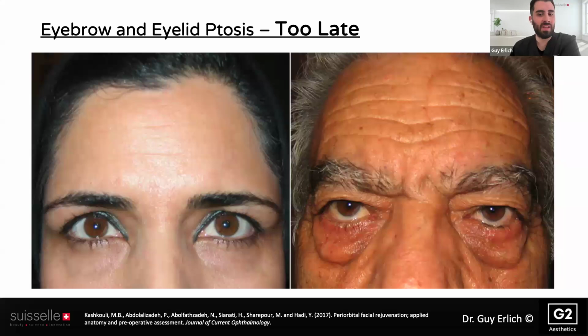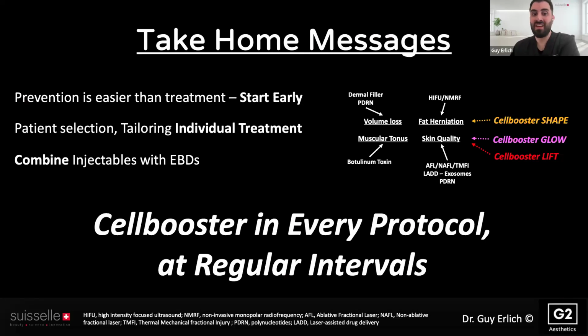And these fat pads prolapse the earliest, and the muscle tone changes according to the location earliest. And these are my take-home messages. So start early, and select the target according to the pathology.